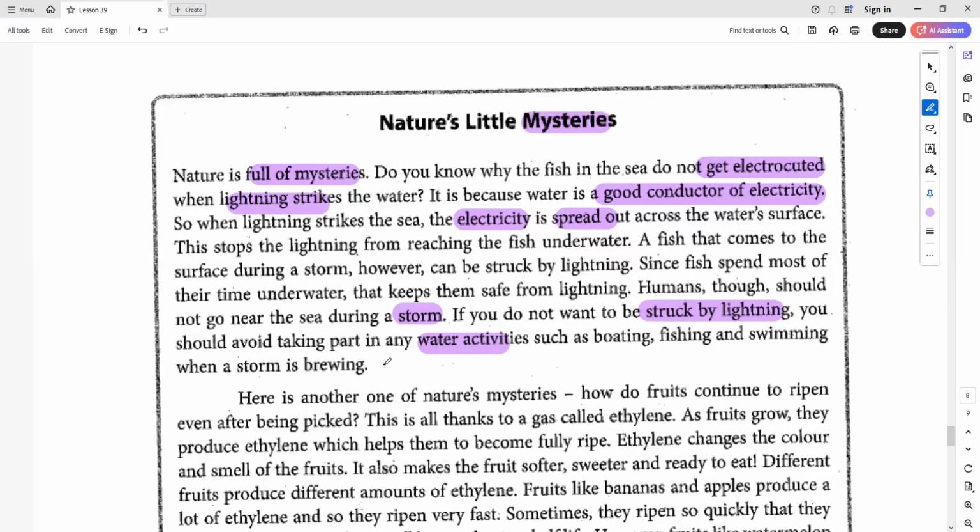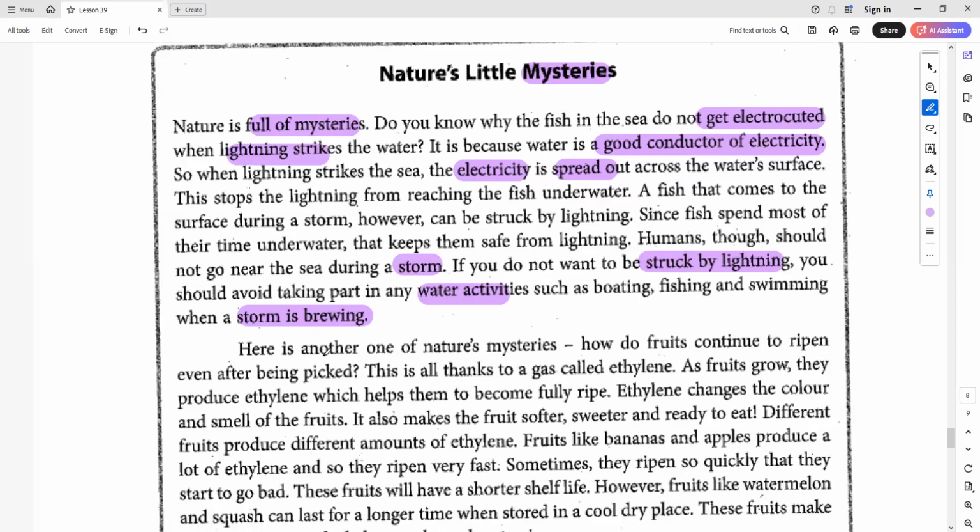Storm is brewing 就是 brewing 其实是酝酿的意思嘛哈，所以呢，就是当这个 storm 就是暴风雨哈，在形成的时候呢，那么我们都不要去进行任何的水上活动，OK, 划船啦，钓鱼啦，游泳都不要，OK, because we may be struck by lightning. Got it? Okay, so we complete the first part.